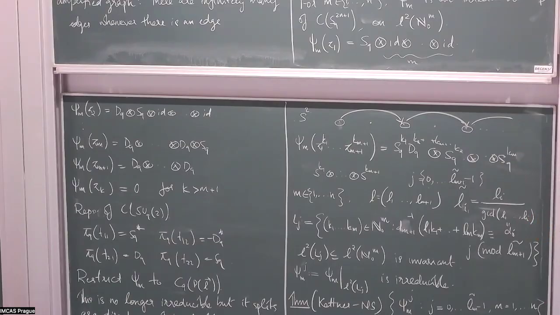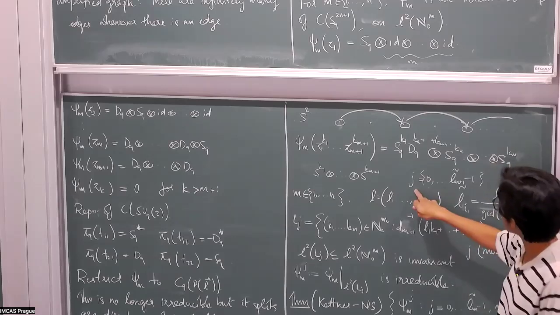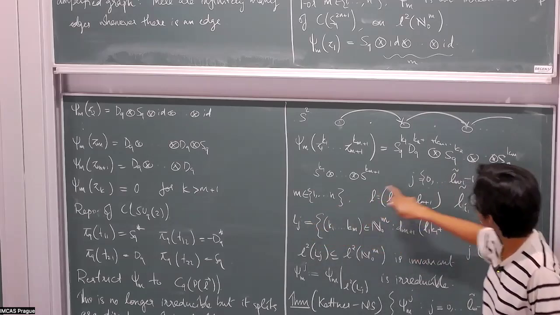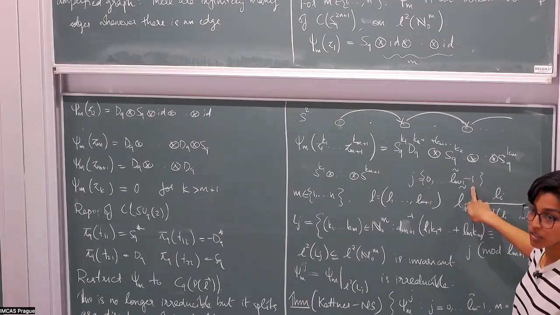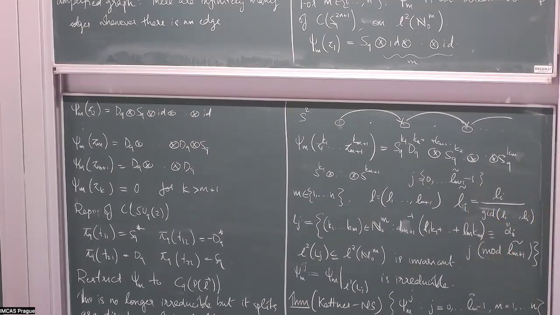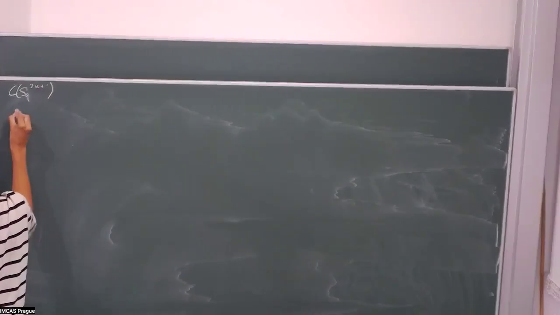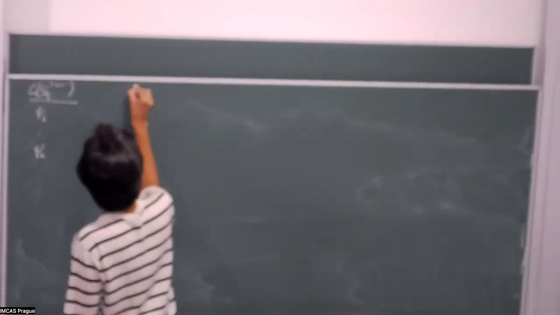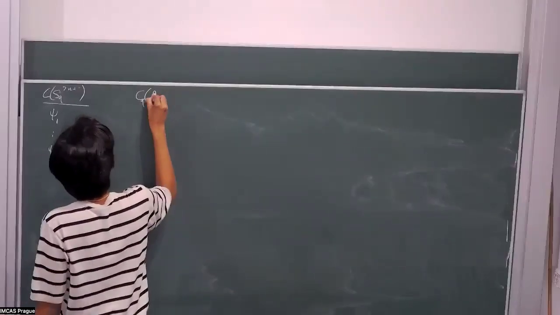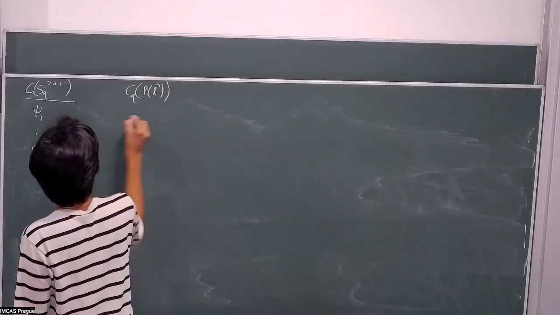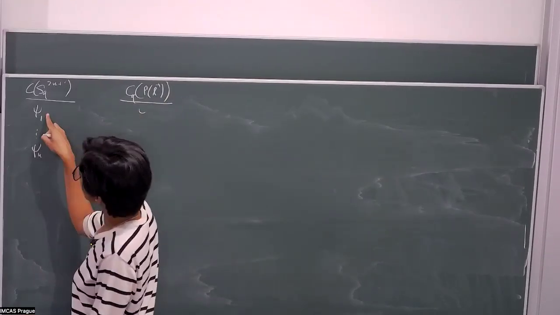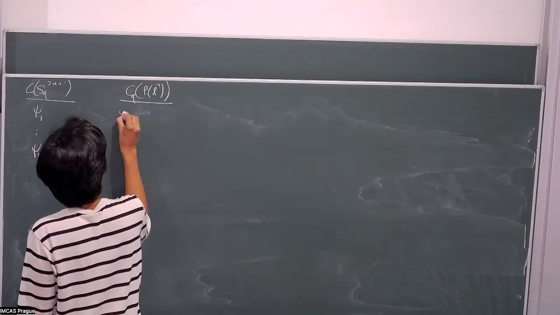You take one of these, you see how many components it decomposes. Yes, because it is this many. Okay, if I have the spheres here, then I have psi 1, etc., psi n. And if I have C of P of L here, then I have psi 1.